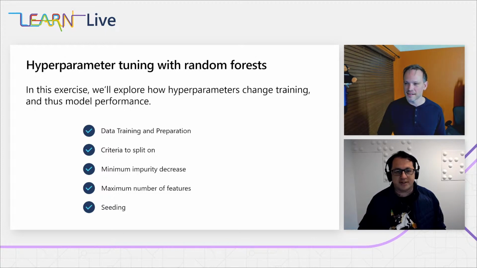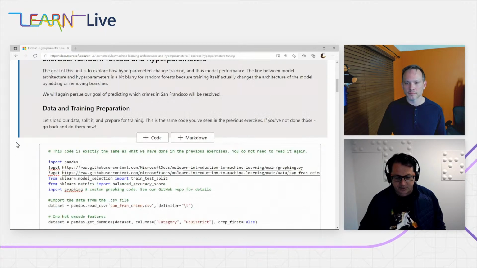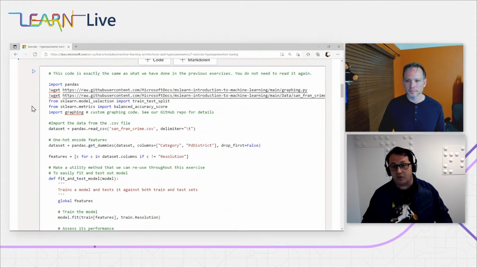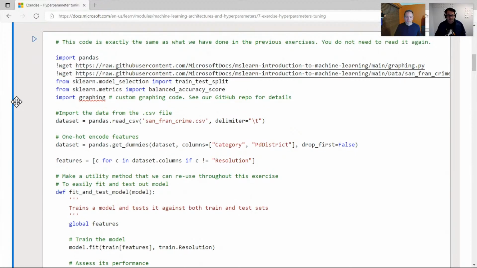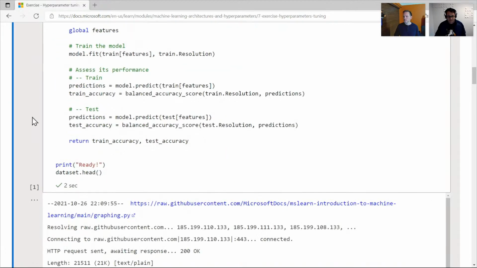So we'll look at tuning with the hyperparameters in this example and go through a lot of those hyperparameters that Jason was talking about before. Our first step is going to combine all those mechanisms: bringing in the data set, doing the one-hot vectors, making sure we've got our method to test how well our model is doing, and then printing the shape.